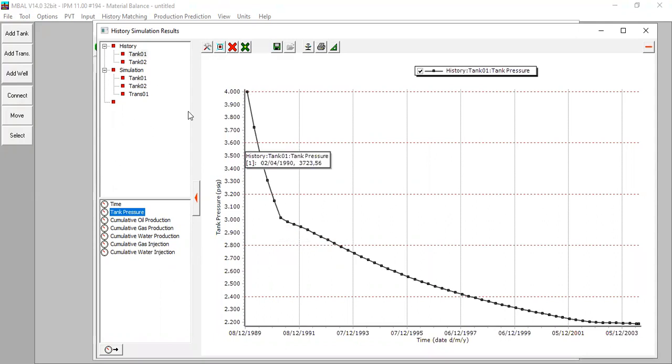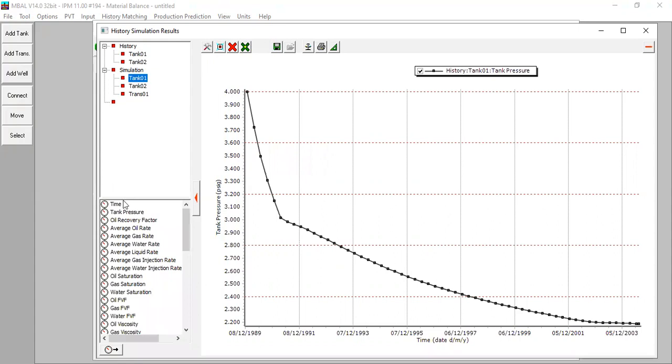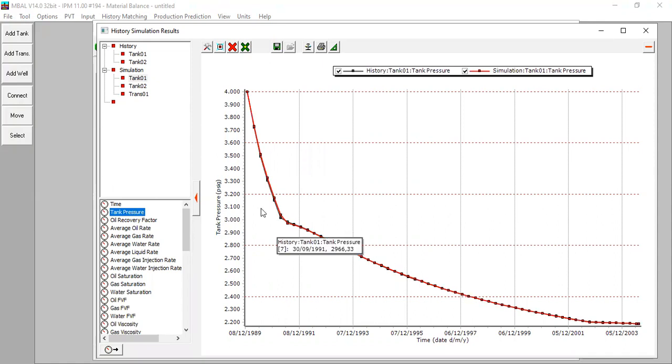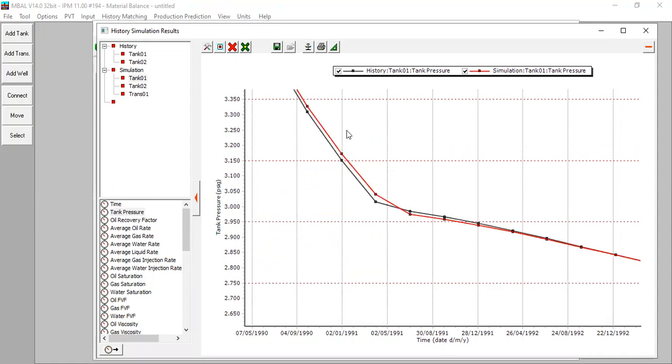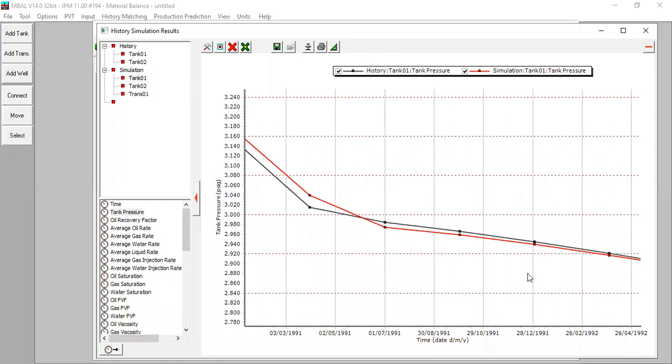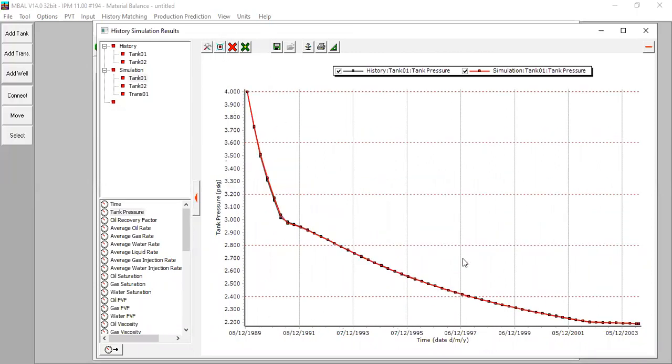Now we compare with the simulation tank pressure, right? Perfect match. We can still make the match better, but I think it is not very necessary because from here we can see that it is almost matched.